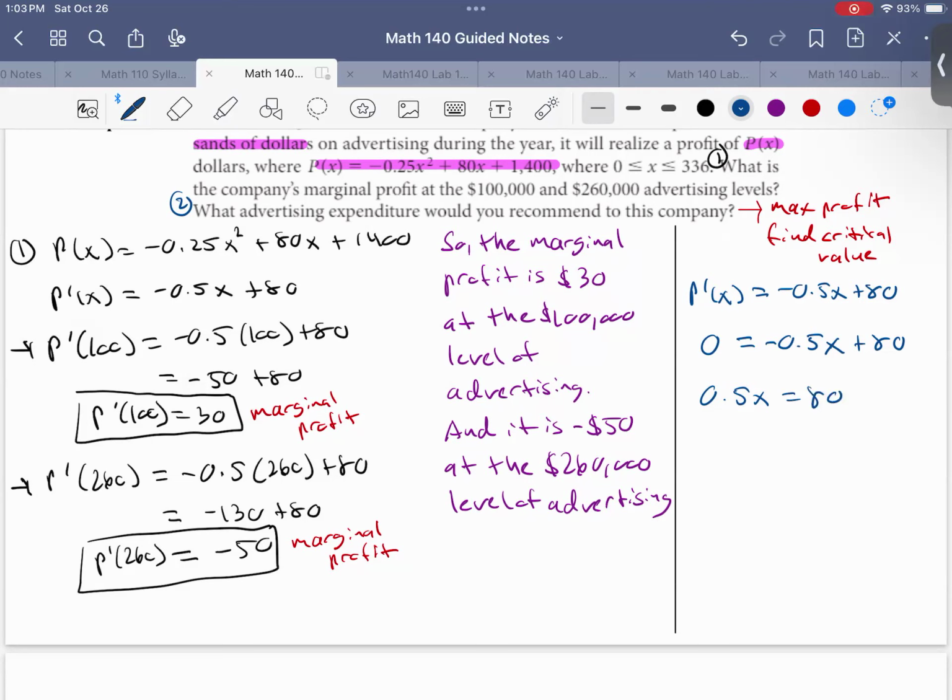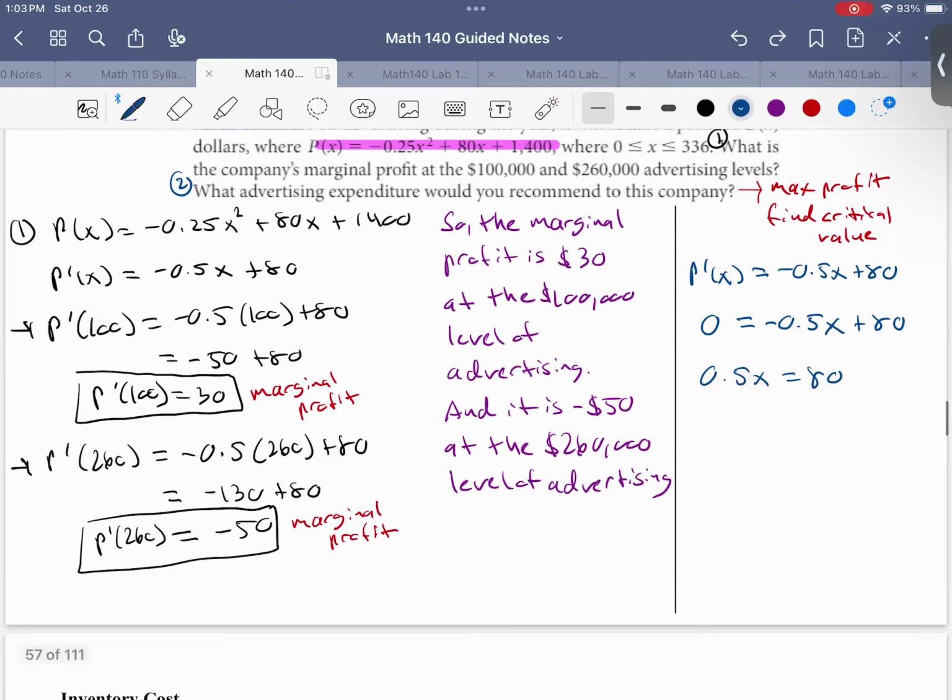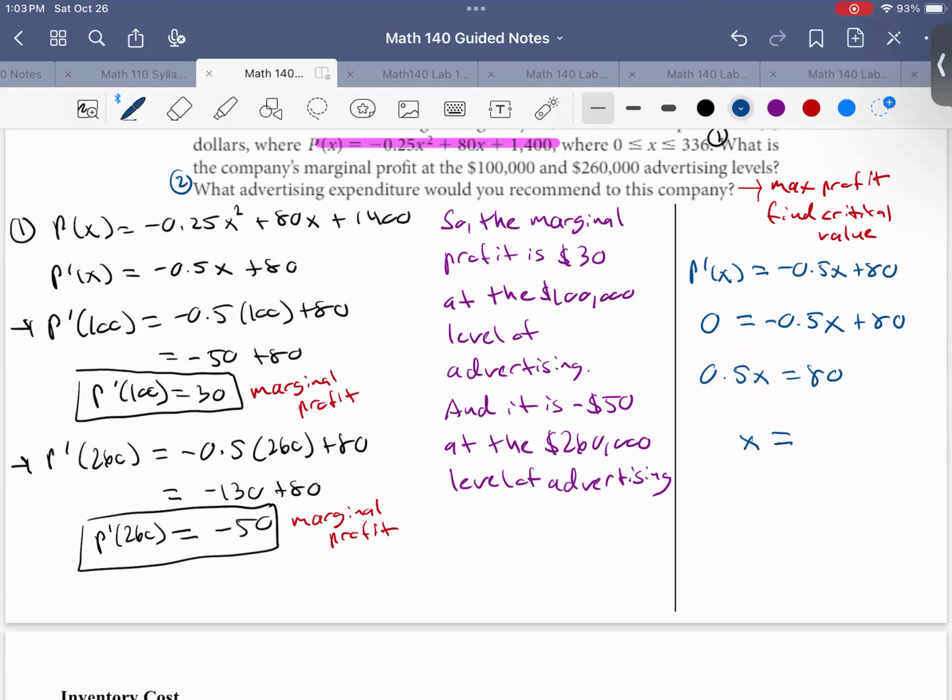And I'm going to divide by 0.5. What I'm left with is x equals 80 divided by 0.5. So x would equal 160.